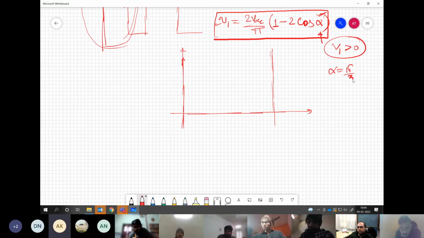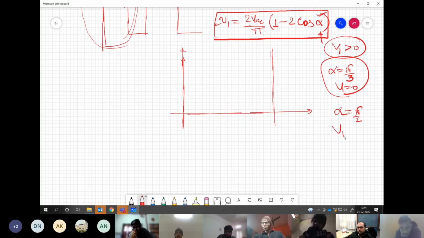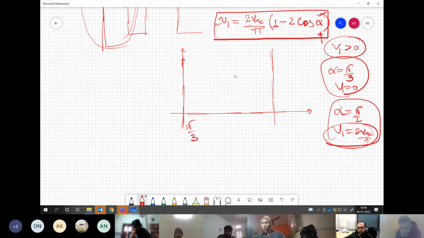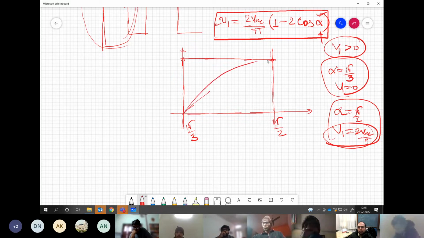Zero. V1 will be 0. And if you plug in alpha equal to pi by 2, then maximum. It is 2 VDC by pi. So if you change your angle from pi by 3 to pi by 2, the magnitude is increasing in this manner.